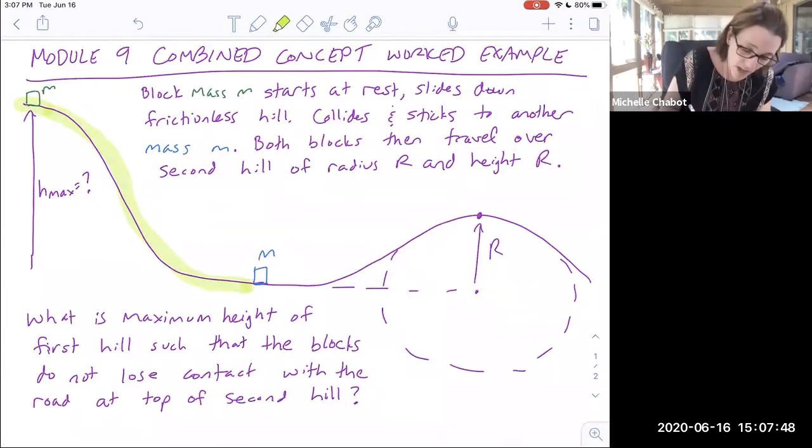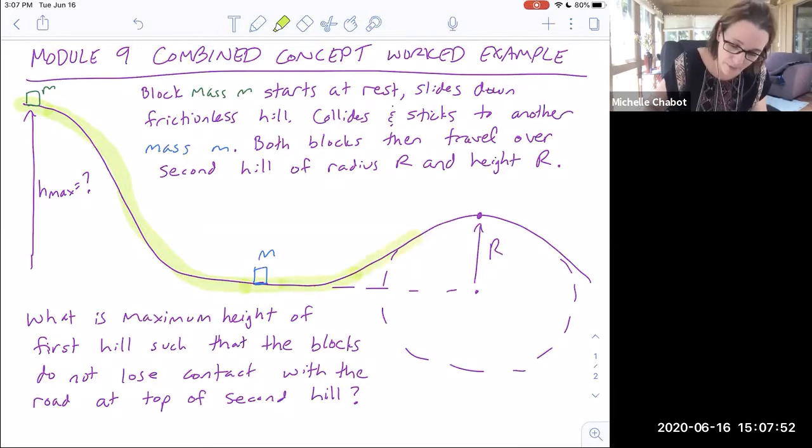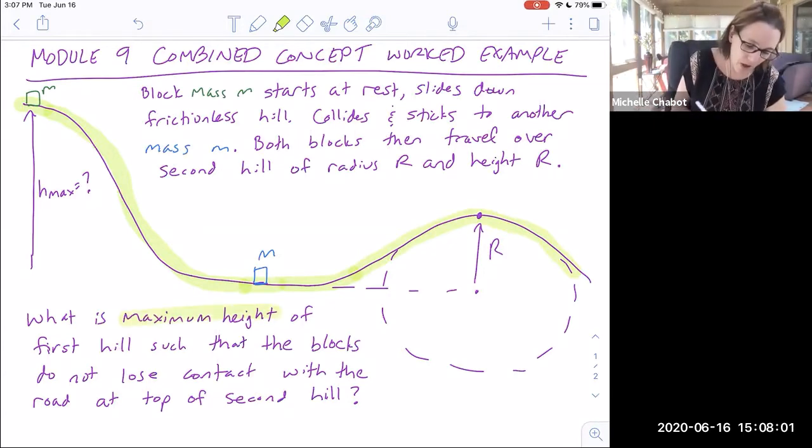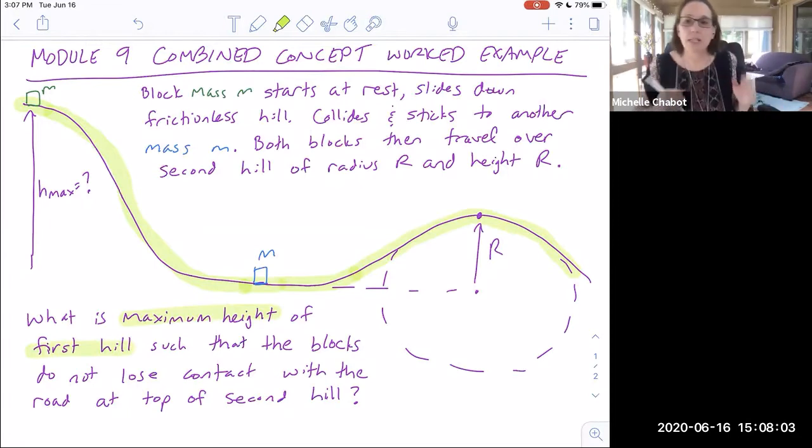Then they collide, and the two masses together, this is all frictionless, slide up and over this second hill. The question is, what is the maximum height of the first hill such that the blocks don't lose contact with the road at the top of the second hill?